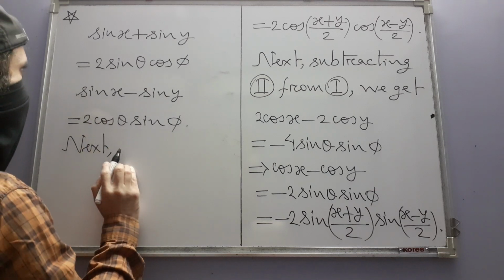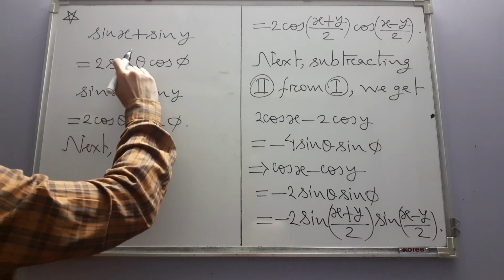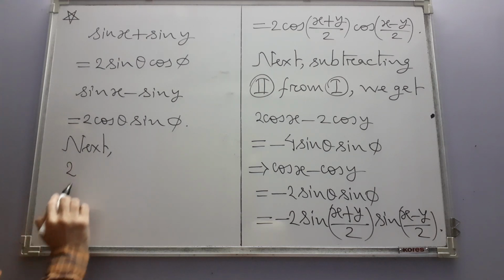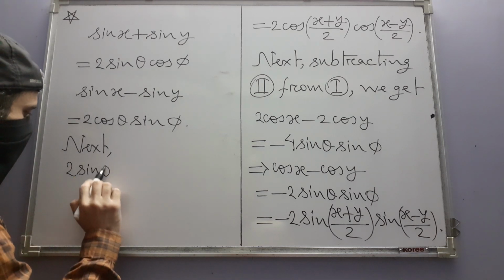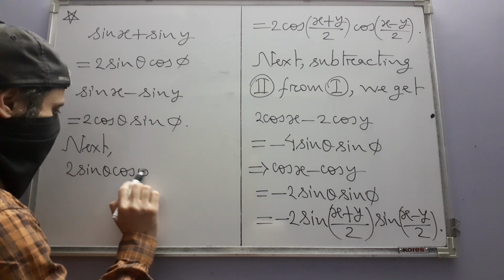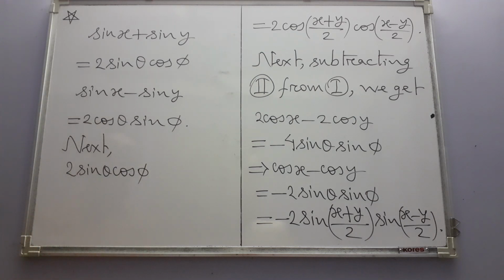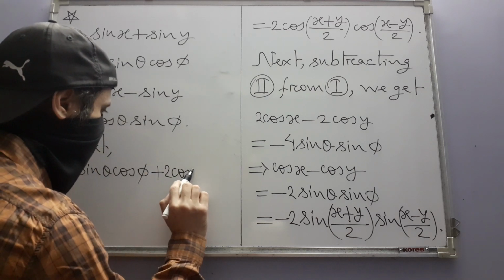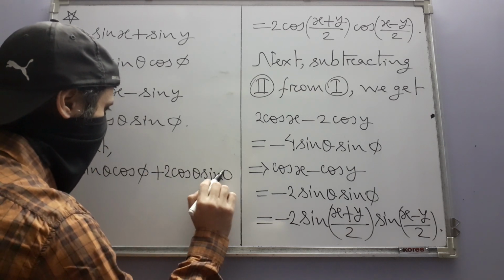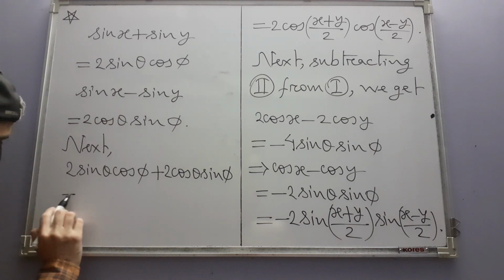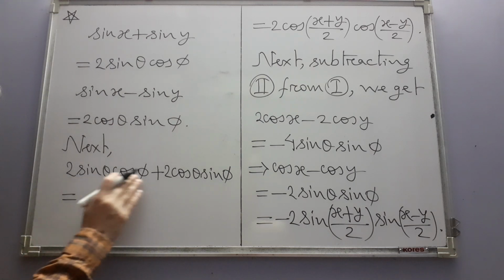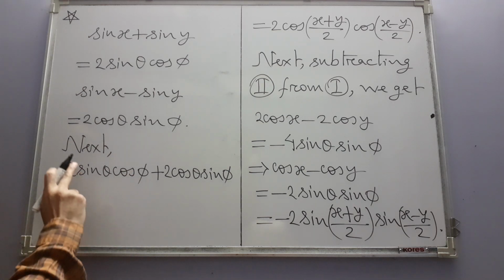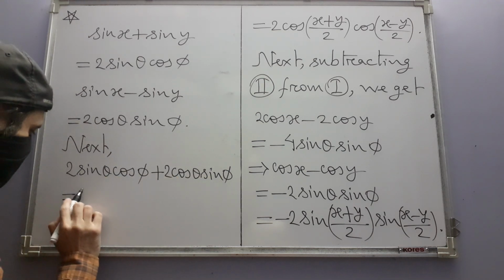So this time first we take the sum of these two things: 2 sin theta cos phi plus 2 cos theta sin phi is equal to, I need not in fact again take 2 common out. If I straight away write, we have sin theta cos phi plus cos theta sin phi.